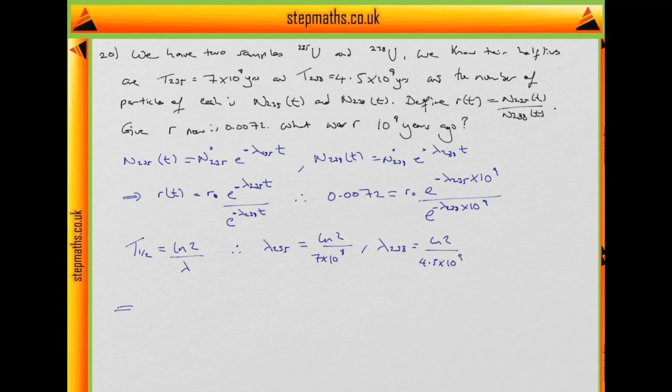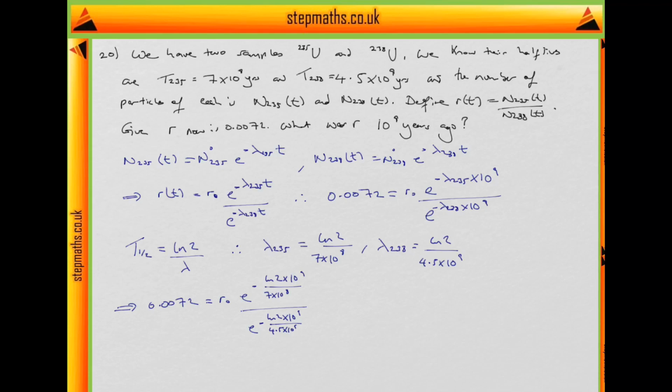We can sub this into our equation, and this tells us that 0.0072 is equal to r0 e to the minus ln 2 times 10 to the 9 over 7 times 10 to the 8, all divided by e to the minus ln 2 times 10 to the 9 over 4.5 times 10 to the 9.